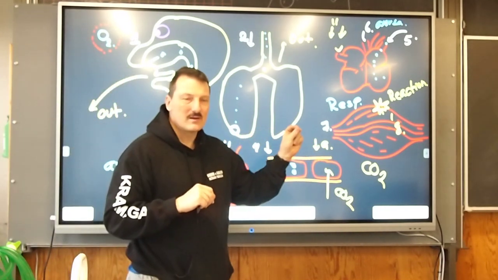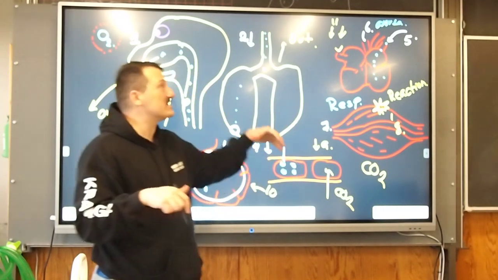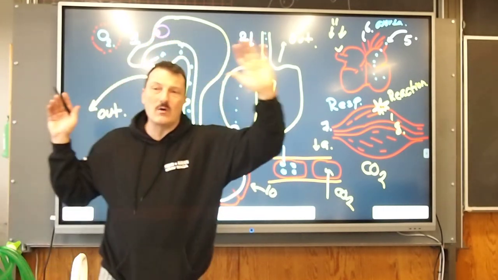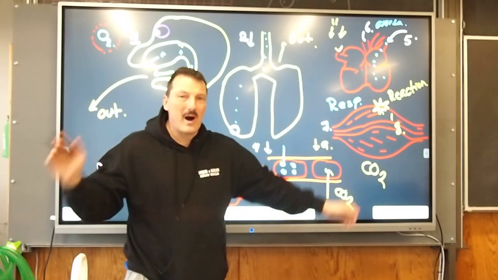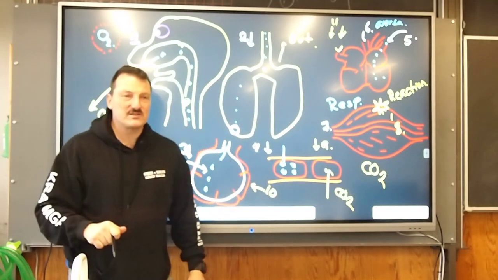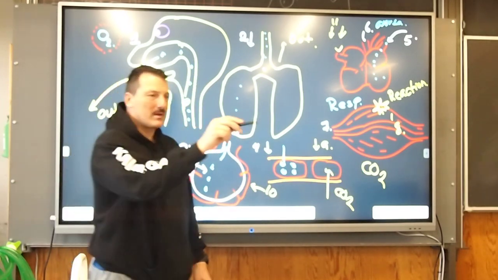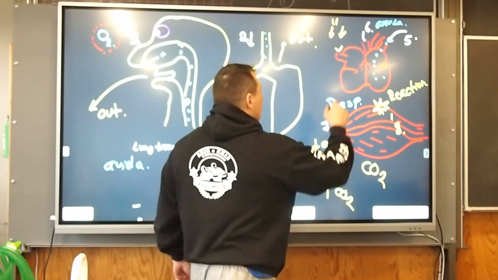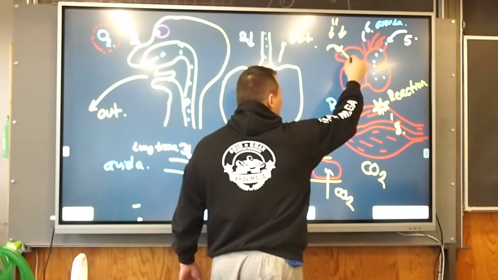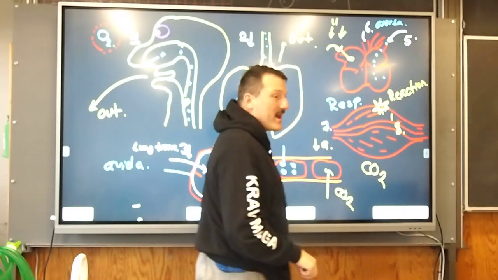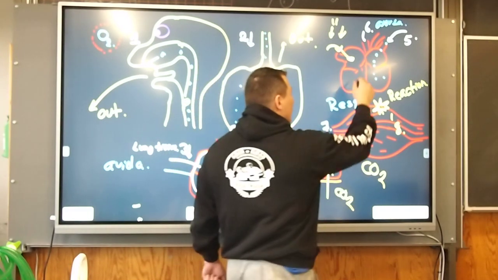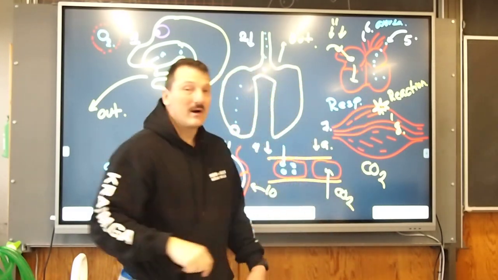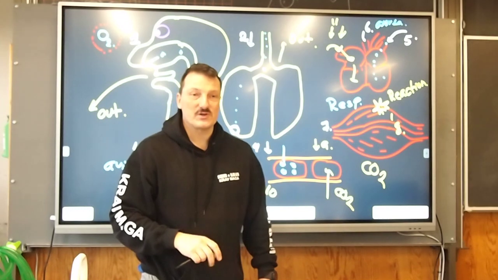The veins. It runs through the veins. And as it runs slowly through the veins, which part of the heart does it go back to? The right one. So it goes into the right atrium, into the right chamber.